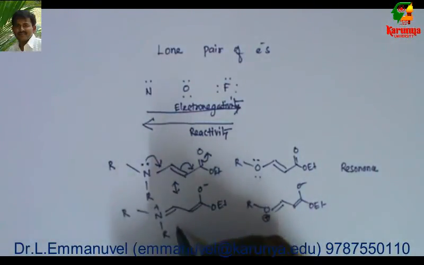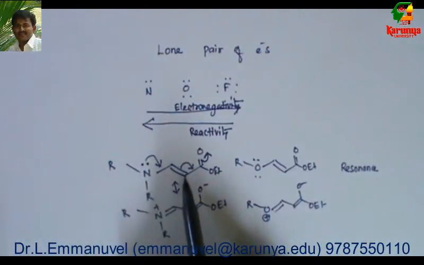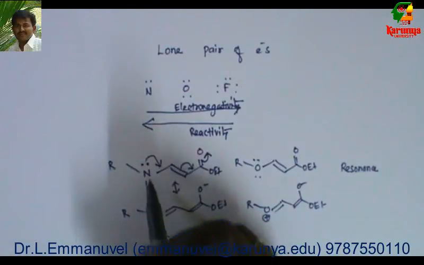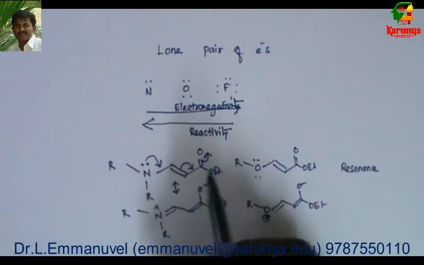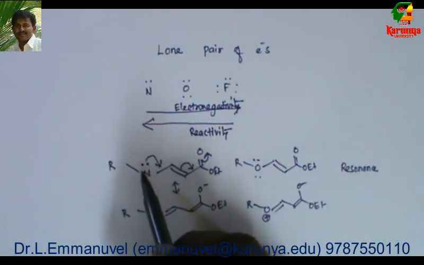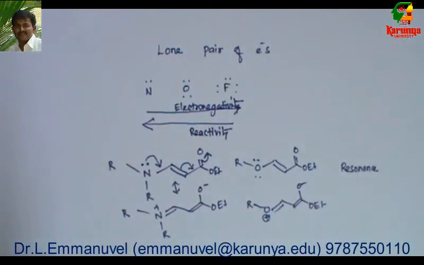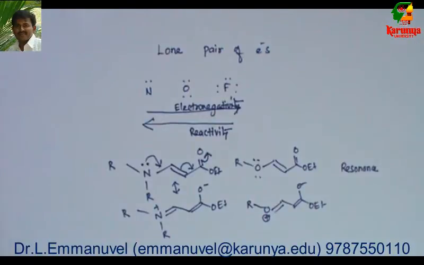So this cannot act as a nucleophile. When the lone pair of electrons is in resonance, the nucleophilicity of this group has decreased. In fact, in this system, what we call enamine, which has an electron withdrawing group, this nitrogen cannot attack the electrophile because the lone pair is not on nitrogen. It is involved in resonance, the electron density decreased and the nucleophilicity is lost.